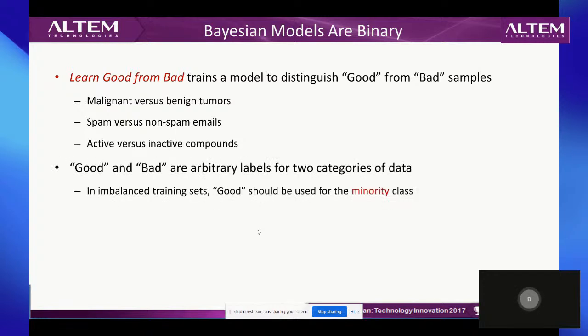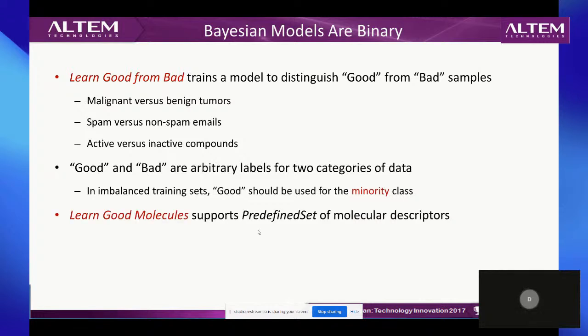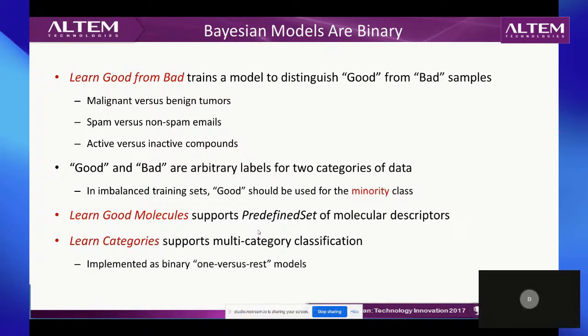It will also show where the imbalanced training set should be used for minority classes, and good molecules will support a predefined set of molecular structures. That's why each and every fingerprint is taken into account when we implement machine learning algorithms. You can learn the categories and then understand the multiple classifications of your compounds.